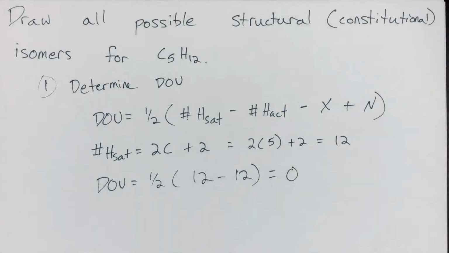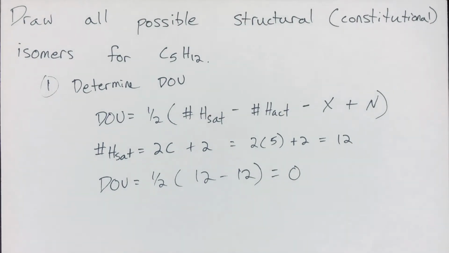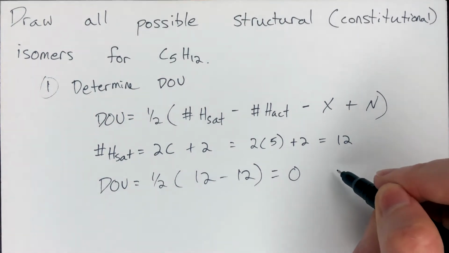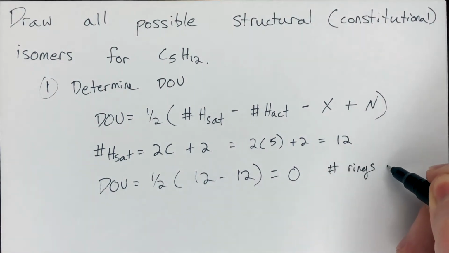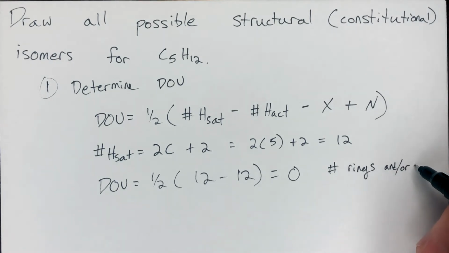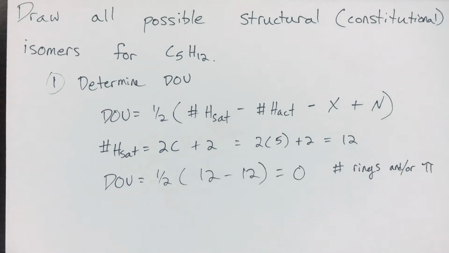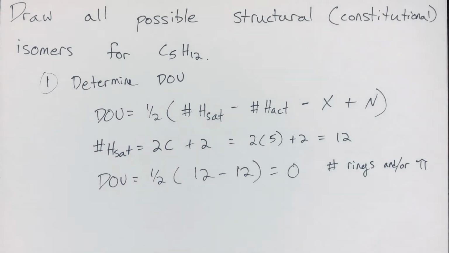So this is useful to determine first because DOU, remember, is the number of rings and/or pi bonds. If there were 2 degrees of unsaturation, for example, you could have a ring and a pi bond, and that would need to be considered when you draw the structural formula. Here we have no degrees of unsaturation. We don't need to worry about that complexity.